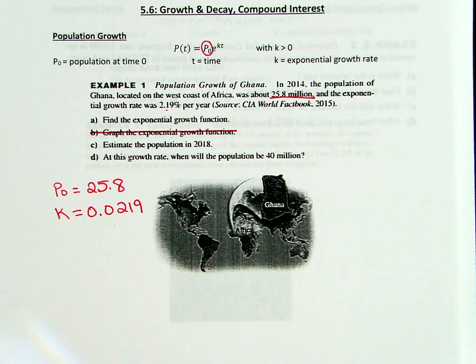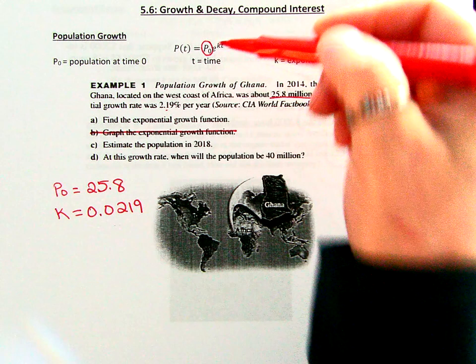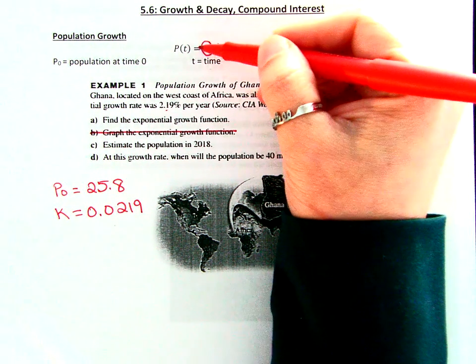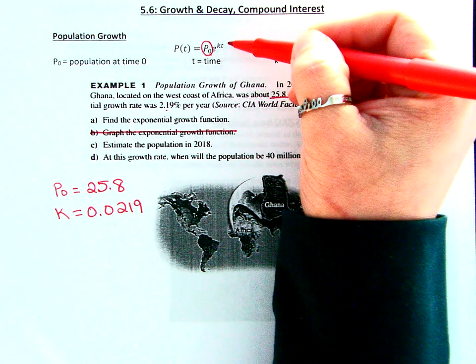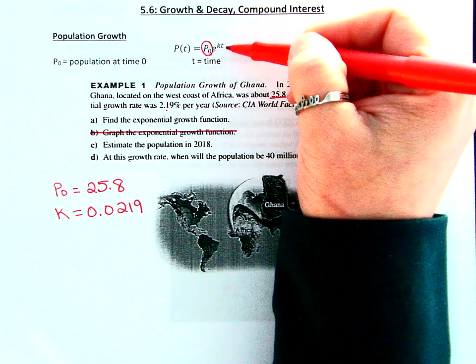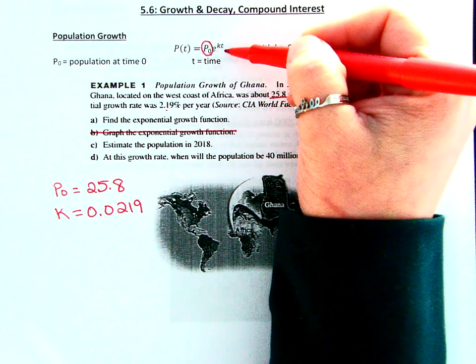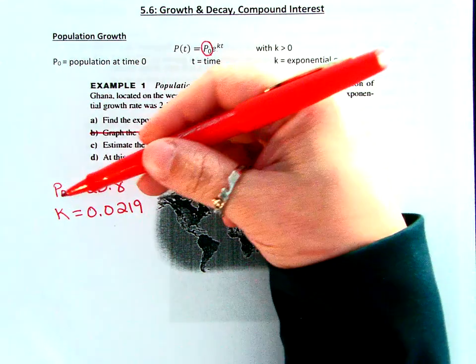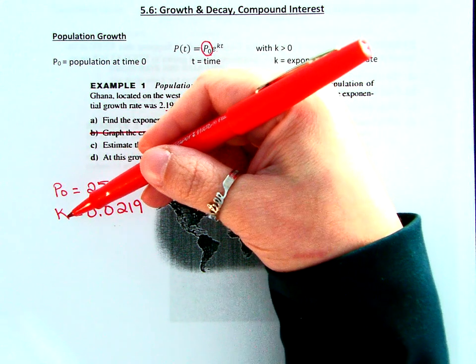So it wants us to, step A, find the exponential growth function. The exponential growth function will look exactly like P of t equals P-naught e to the kt. We're going to plug in the numbers that we do know, and the only two numbers that we do know are P-naught and our k.